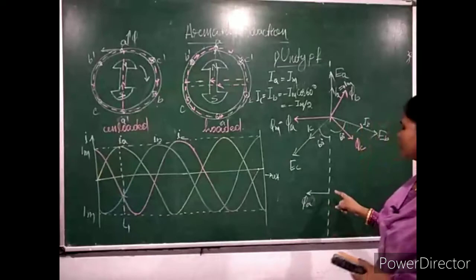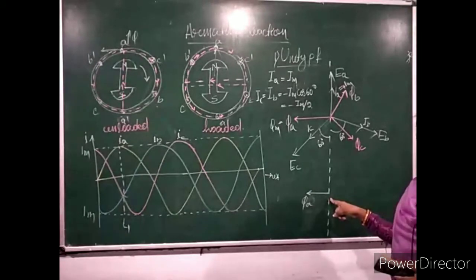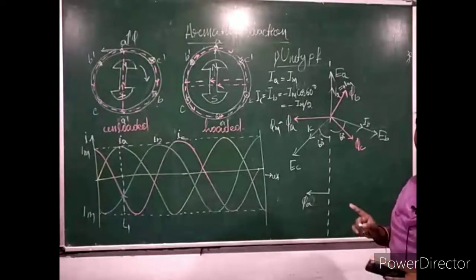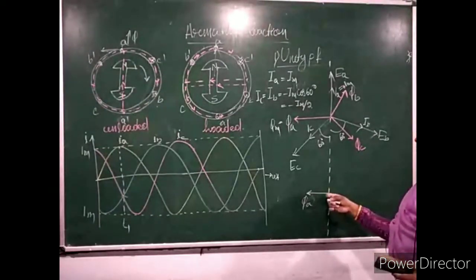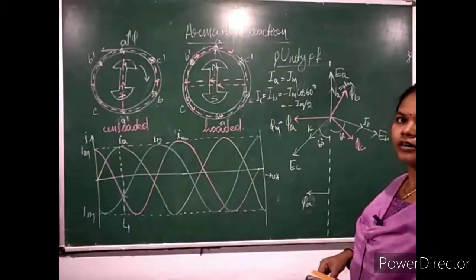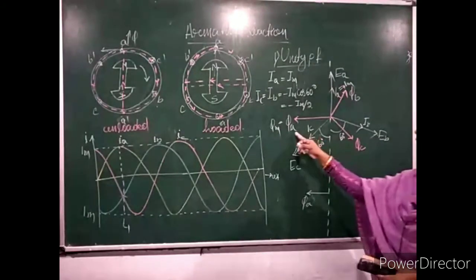Why do I draw this phasor diagram, you know, students? Actually for getting the direction of the resulting flux created by the armature. Hence only I will get what is the impact of this flux on the main flux. So I first find the direction or phasor diagram. So phi A is phi m.